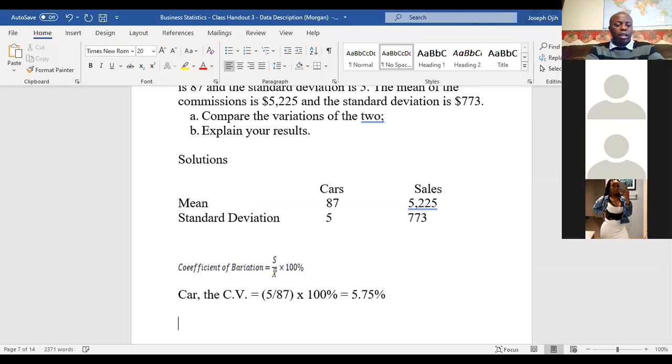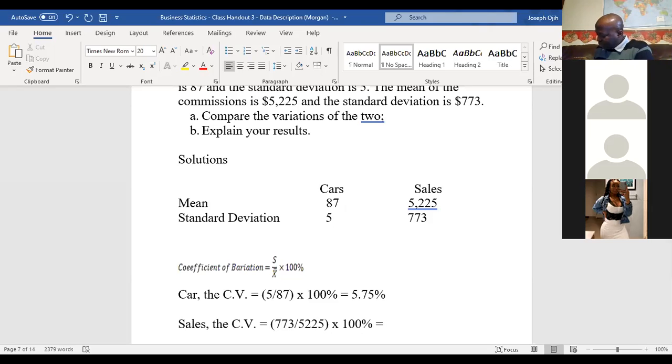For commission, the coefficient of variation will be equal to the standard deviation over the mean, 773 divided by the mean of 5225, times 100%. I have to write this one down, I can't carry it in my head.